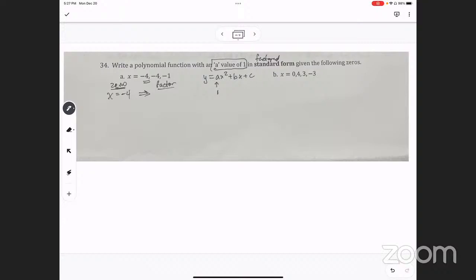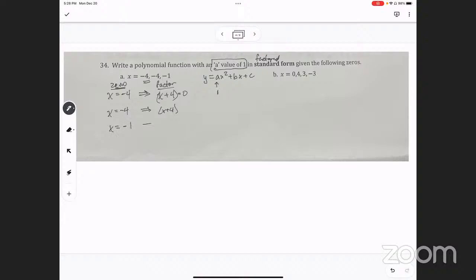What's my factor here? If I move the -4 over to the other side, what do I have? X plus 4 equals 0. There's your factor. You understand? So x equals -4 means I have a factor of x plus 4.